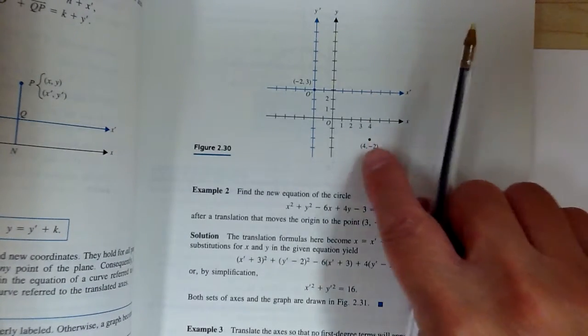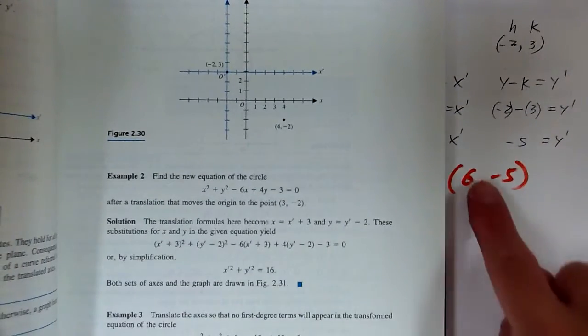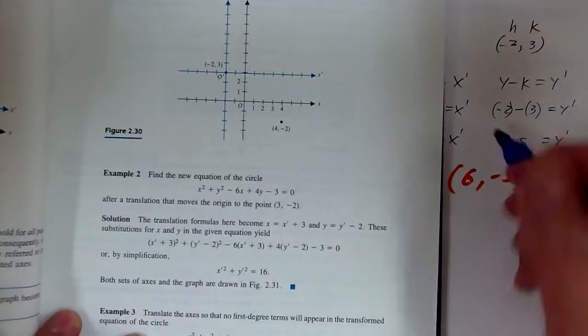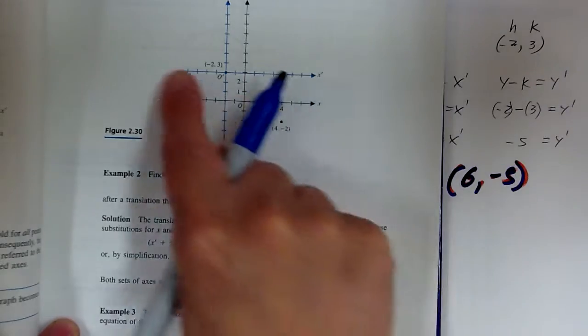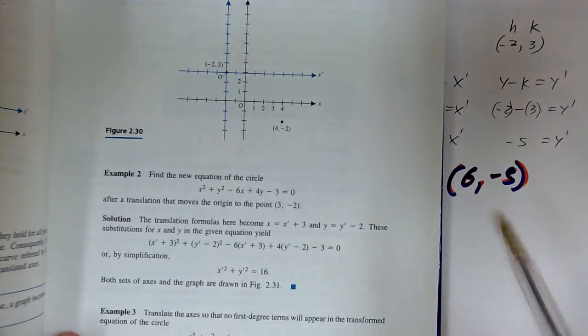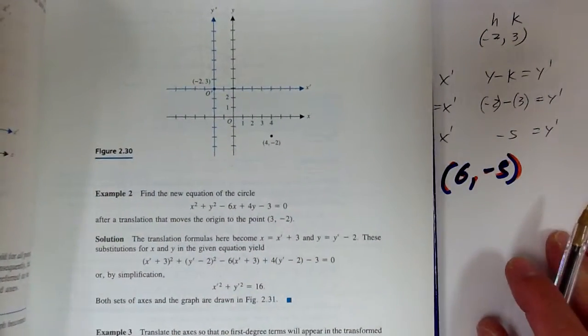So this point becomes 6, -5. Again, this coordinate is based on the blue axis. So that's how you find a new coordinate. Now this example is not as obvious in showing the advantage of this, but let's go to example 2.